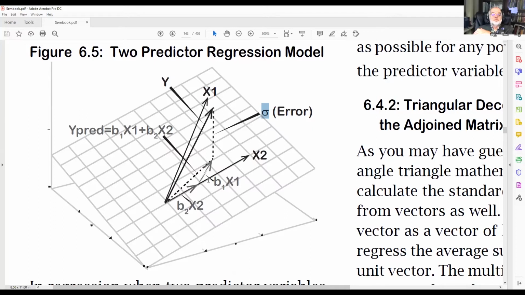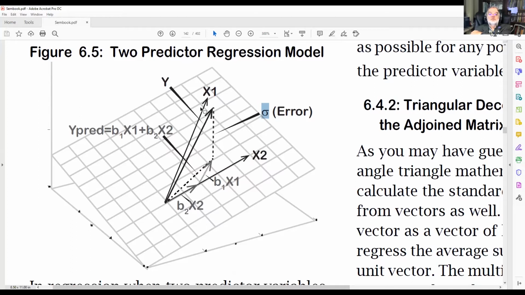Okay, if I understand what you're saying, yes, I could rotate this surface and have it sit flat on the ground and do the same math. What we're doing here is showing the relationship between x1 and x2 and y.